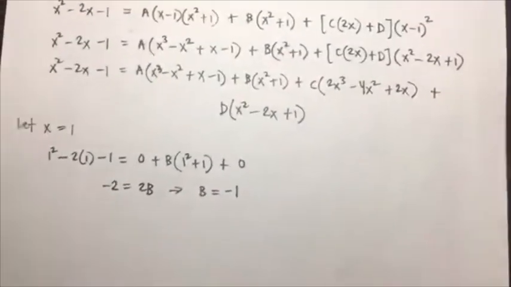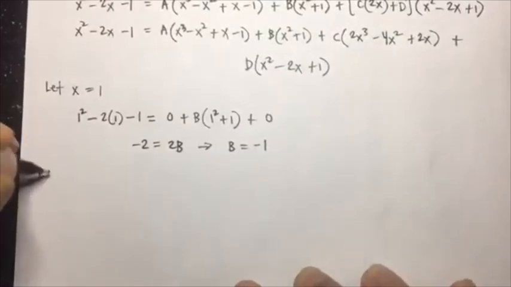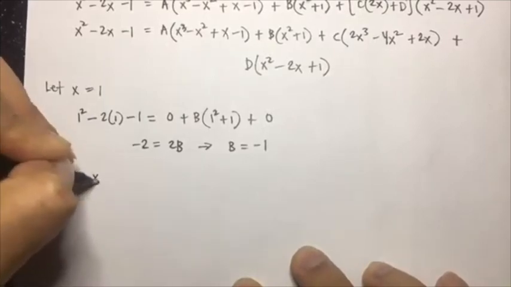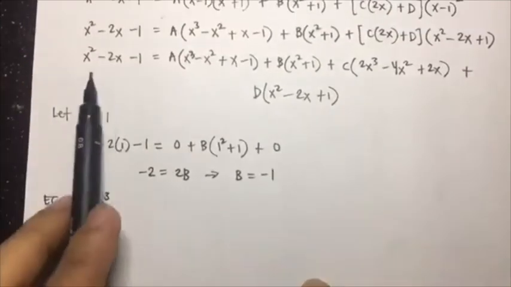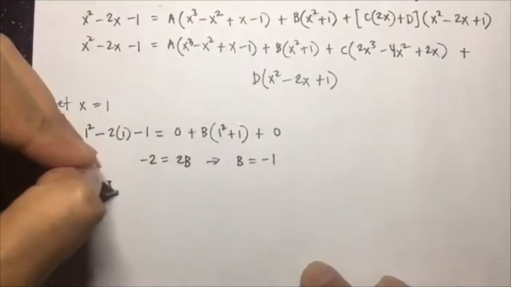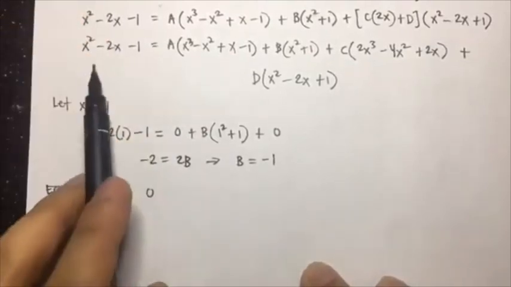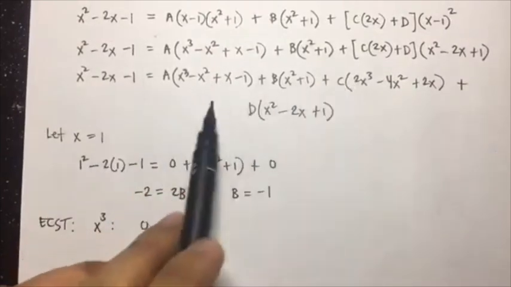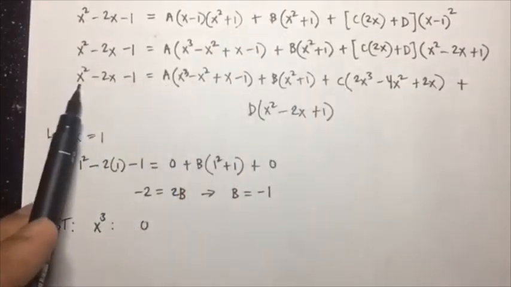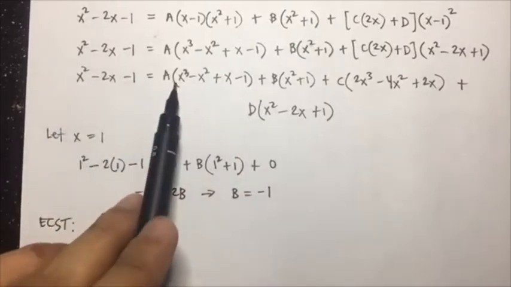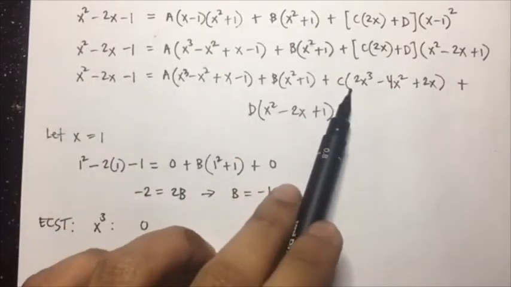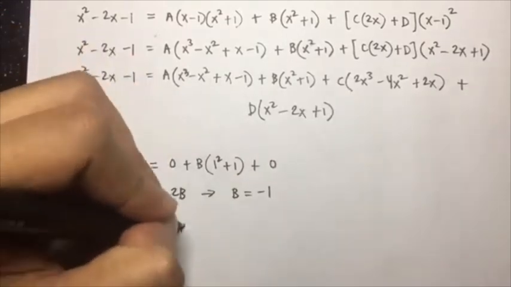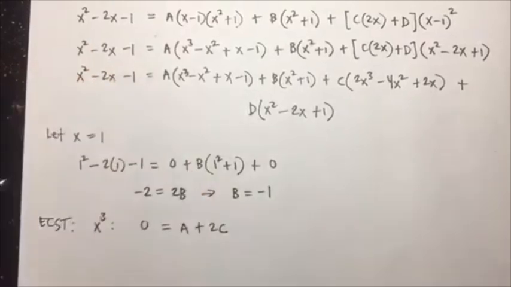Okay, so next we can equate coefficients of similar terms. First, for x cubed. On the left side we have 0. We will now look at the last expansion. So x cubed here is 0. Here we have a plus 2c, so 0 is equal to a plus 2c.